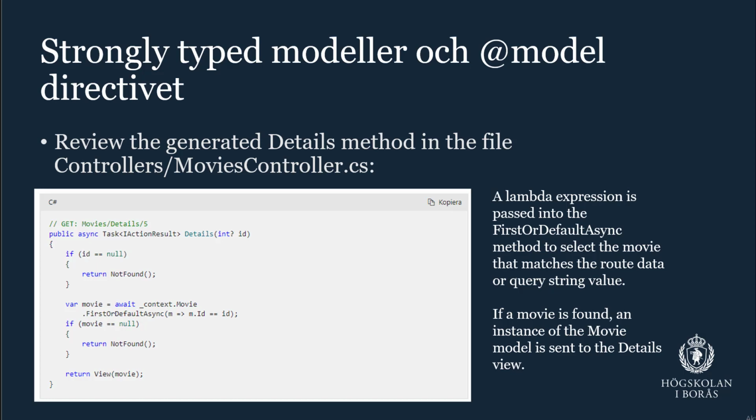We can hopefully find the movie we are looking for by the id value. However, if we cannot find a movie and the movie variable is null, in those cases we will return NotFound. However, if we do find a movie, we will return a view with the movie object, as we can see. And this is actually passing the movie object and its underlying model.